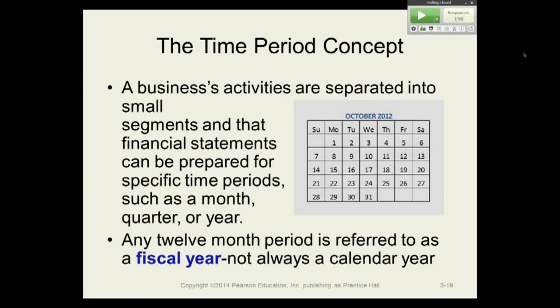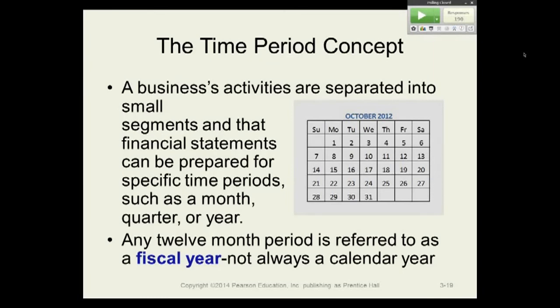Now, if you're paying someone $400, that's the cash paid. But the question is, you have to prepare financial statements as of the 31st of the month. So you have to split that person's salary, and reflect 3 days' salary in October and 2 days' salary in November.